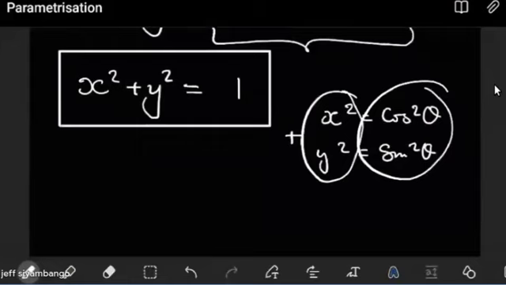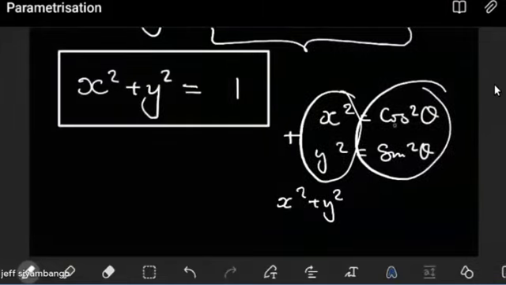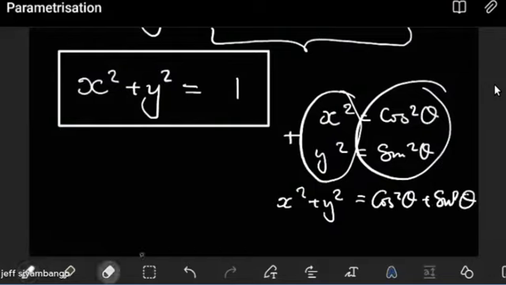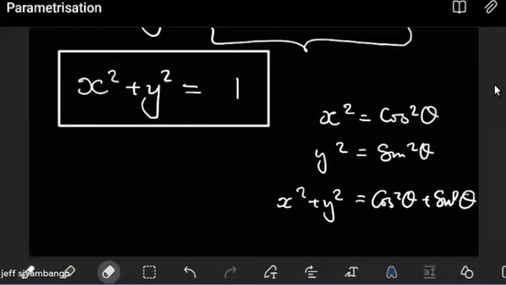So I added the left side, I had x squared plus y squared. Then I added the right side, I had cos squared plus sine squared. Depending on what you need, sometimes you can choose to subtract the two equations. But in this case, of course, we did not need to subtract. Addition was the best step. Any questions up to here?